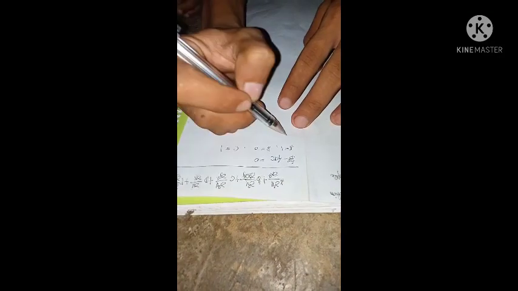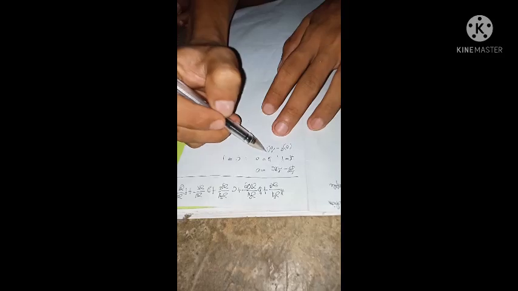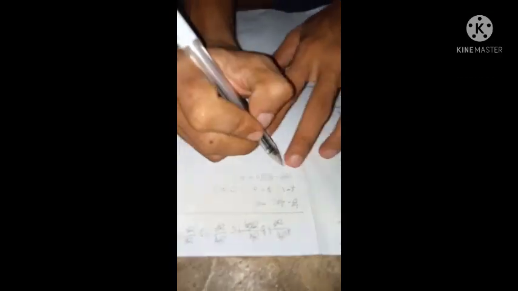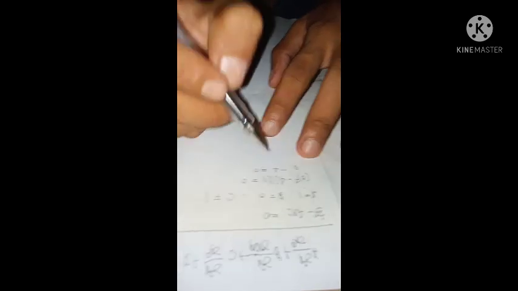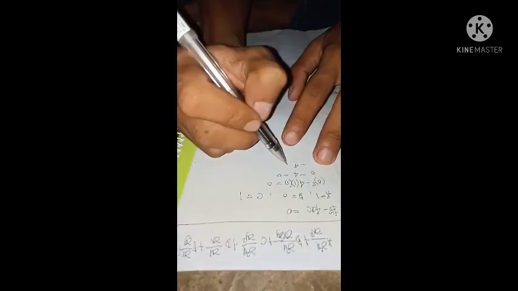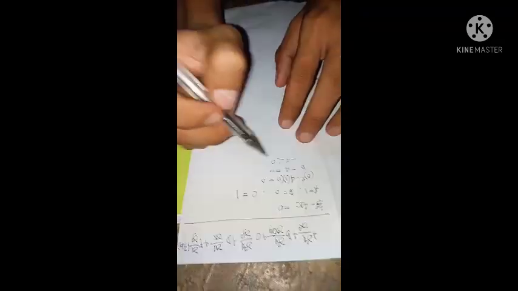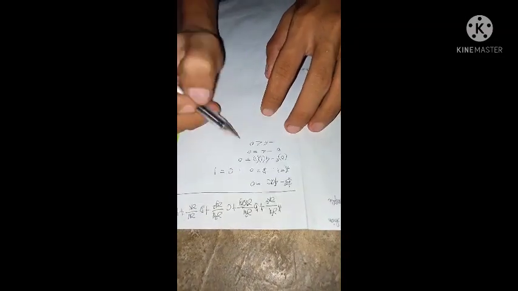So 0 squared minus 4 times A which is 1 times C which is 1 is equal to 0. So 0 minus 4, negative 4, is less than 0. Therefore letter A is not a parabolic PDE. So let's proceed to letter B.